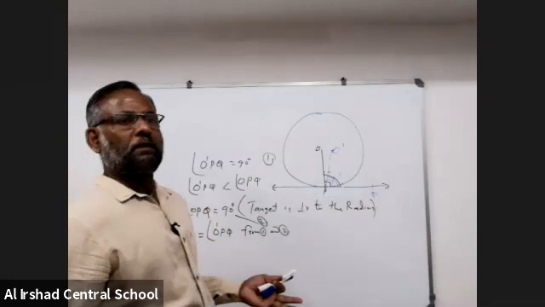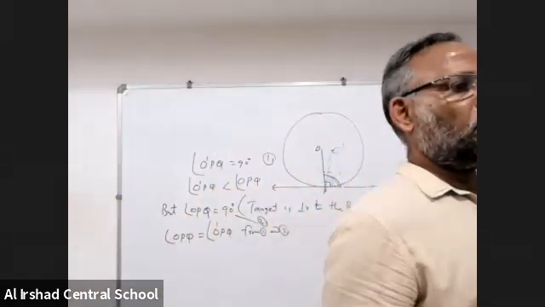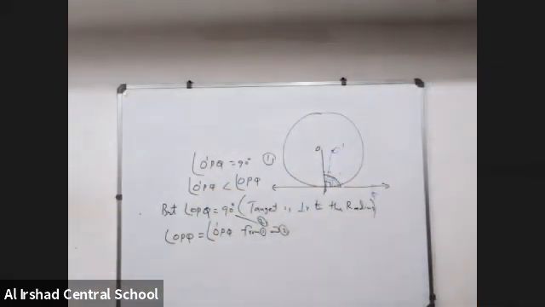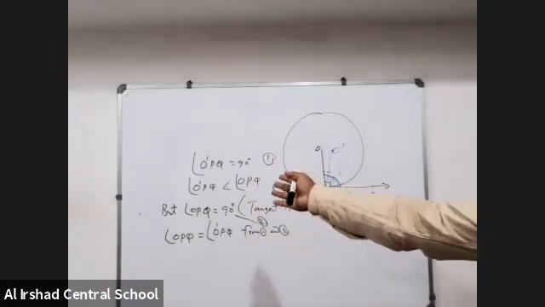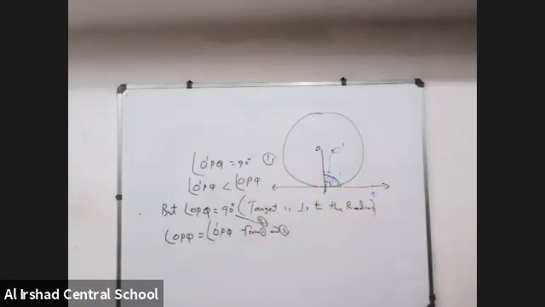So contradiction. It is not possible. What we wrote there? From the figure it is clear that O dash PQ is less than OPQ. So it is not possible. It is possible only when OP and O dash P are coincident lines. Therefore, the perpendicular drawn at P passes through the center O.